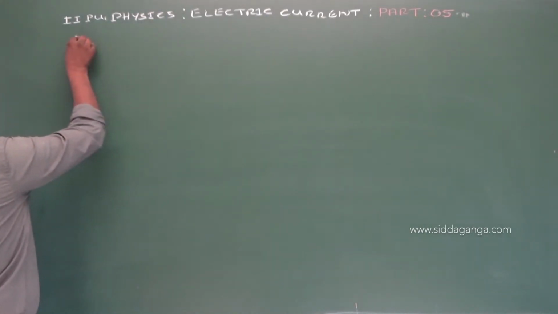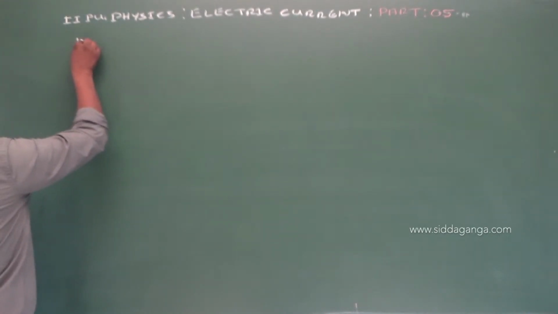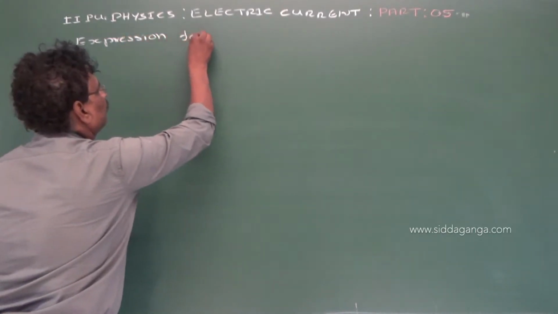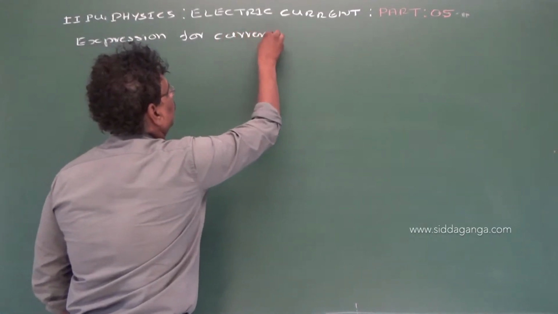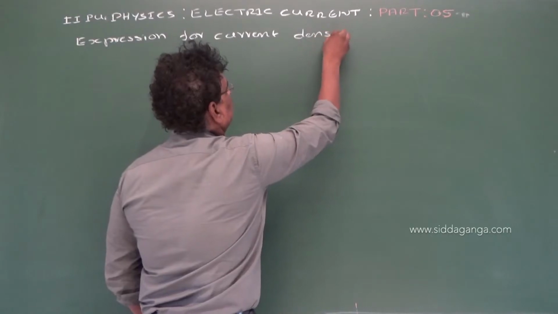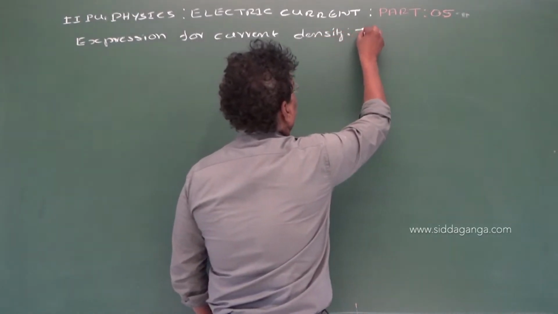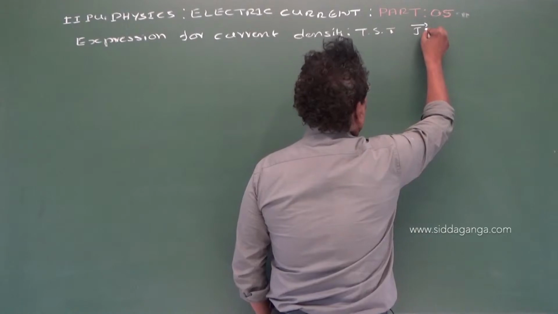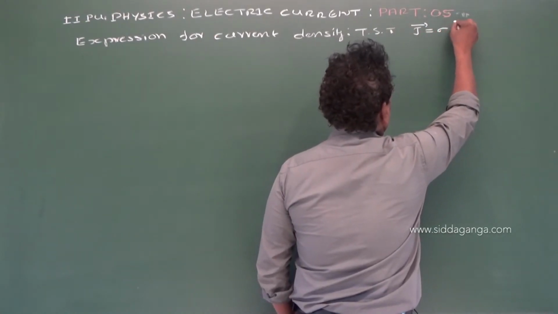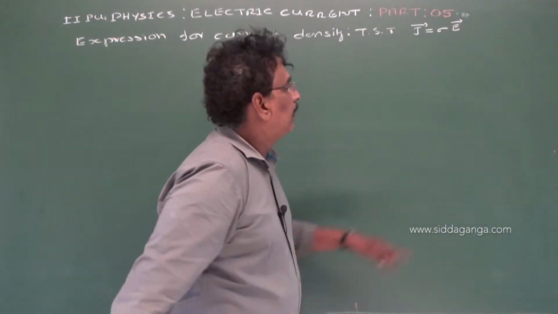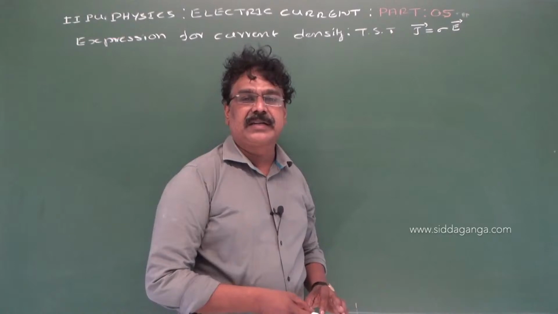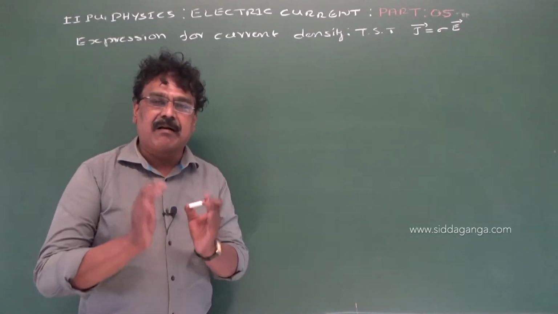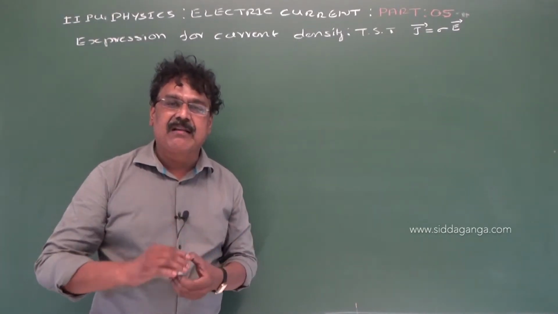Now, the expression for current density, that is to show that vector J is equal to sigma into vector E, where sigma is a constant for a given material of a conductor at constant temperature, called the conductivity of the material of the conductor.